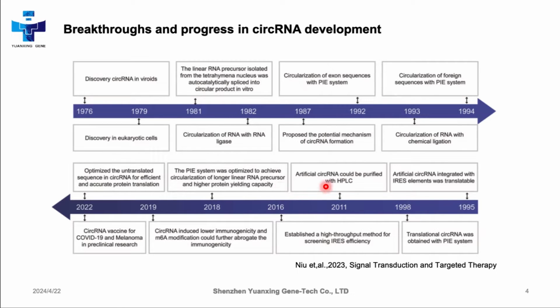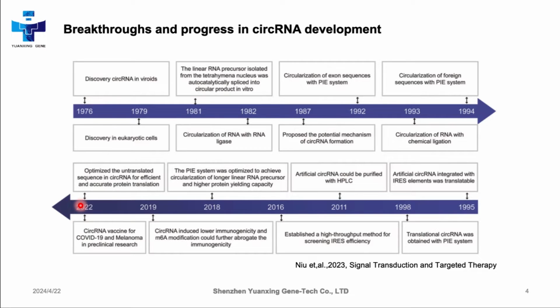Researchers optimized the untranslated sequence in the circRNA for the efficient and accurate protein translation. These developments have led to the breakthroughs in the artificial in vitro synthesis of the circRNA and made it possible as a biomedicine strategy.